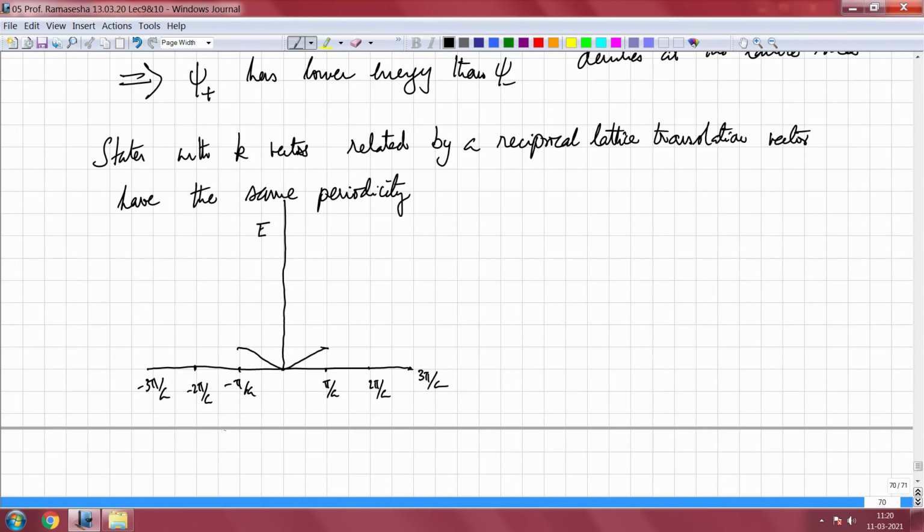I have the energy here, and then a third energy. So this is 2v1, 2v2, etc.